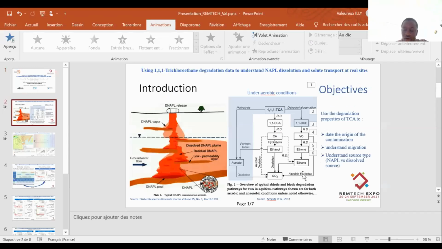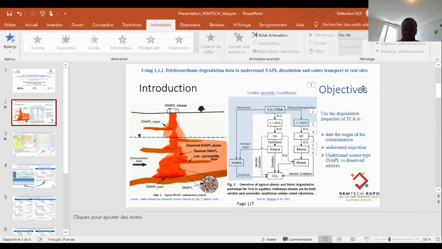You can do this because for trichloroethane, which I will call TCA for short, under aerobic conditions, you have in the scientific literature some data about the kinetics that you can use to understand more about the contamination.